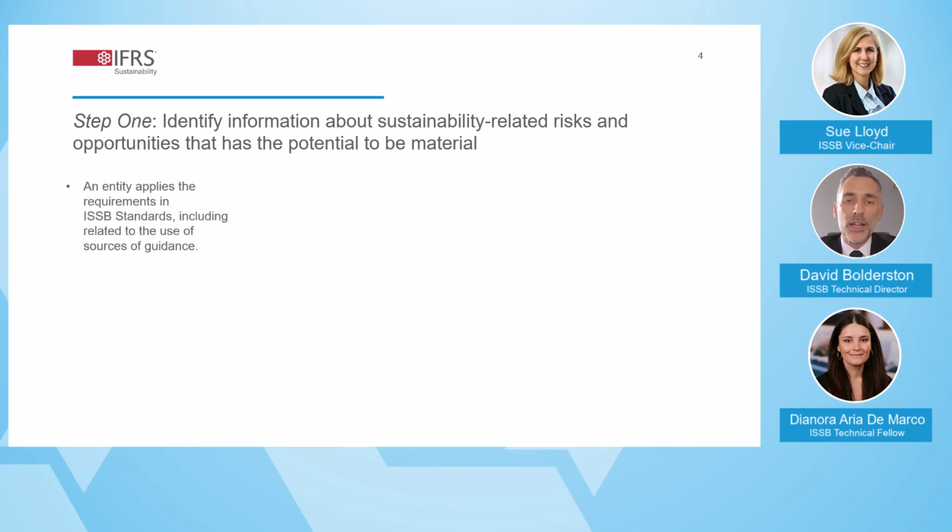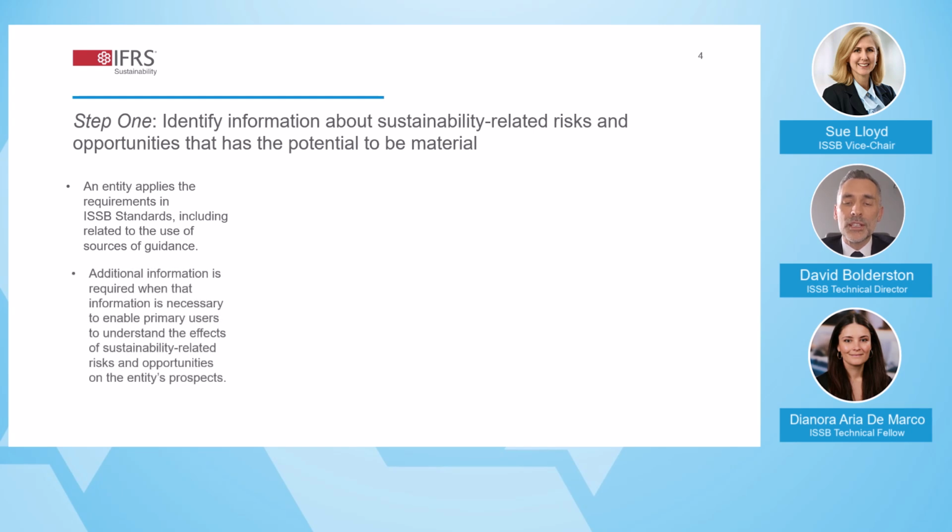So step 1. As a starting point to identifying the information about sustainability-related risks and opportunities that has the potential to be material, entities apply the requirements in the ISSB standards, including the provisions related to sources of guidance.